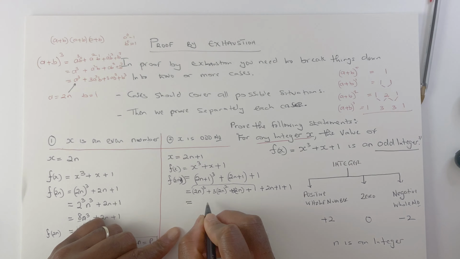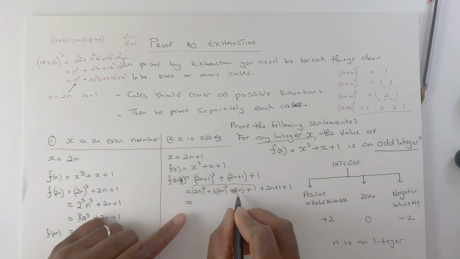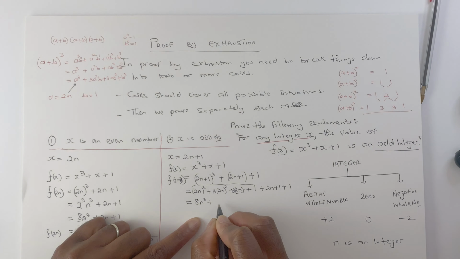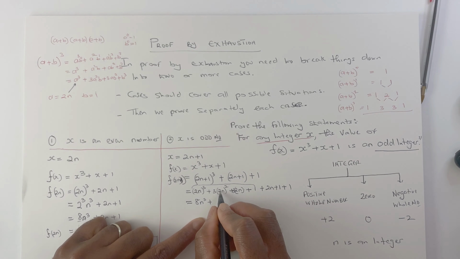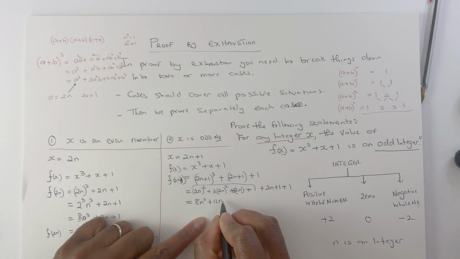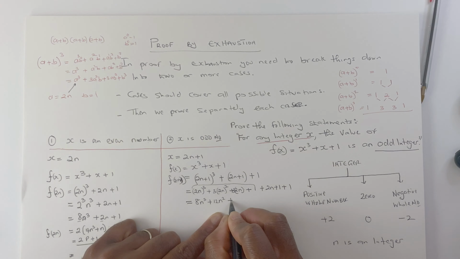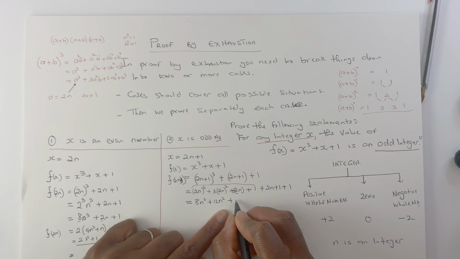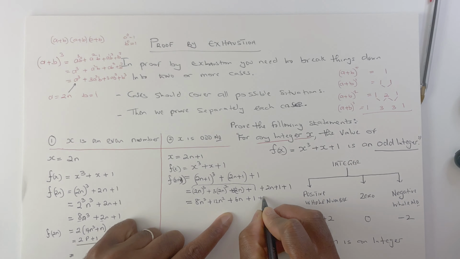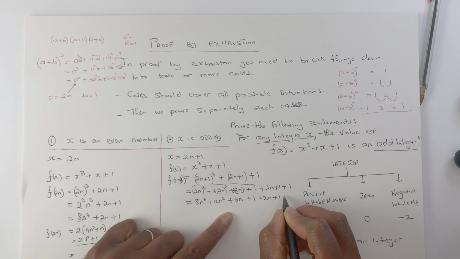So now I continue the expansion. I get 2 to the power of 3, which is 8n cubed, plus 2 to the power of 2 is 4, 4 times 3 is 12, so 12n squared, plus 3 times 2 is 6n, plus 1, plus 2n, plus 1, plus 1.